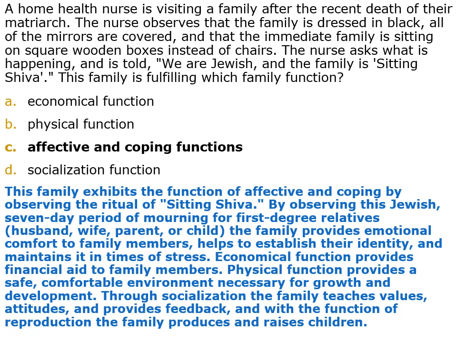Economical function provides financial aid. Physical function provides safe, comfortable environmental support necessary for growth and development. Through socialization, the family teaches values, attitudes, and provides feedback. With the function of reproduction, the family produces and raises children.